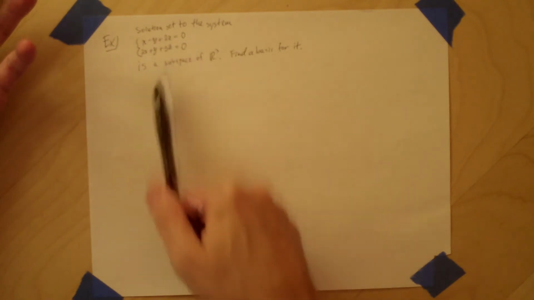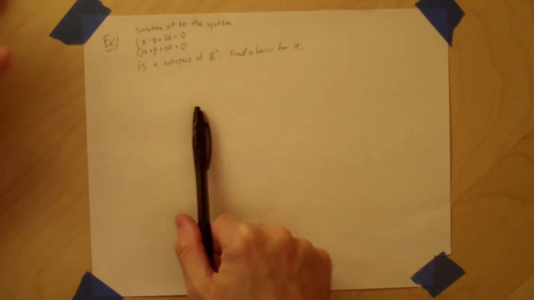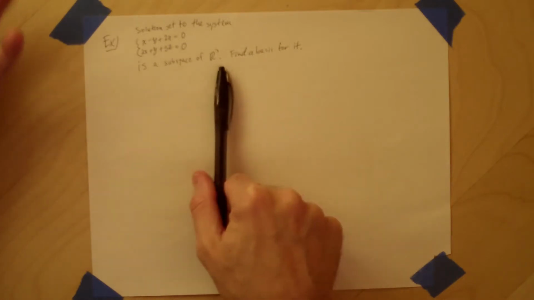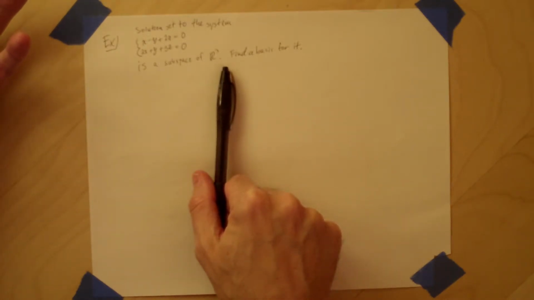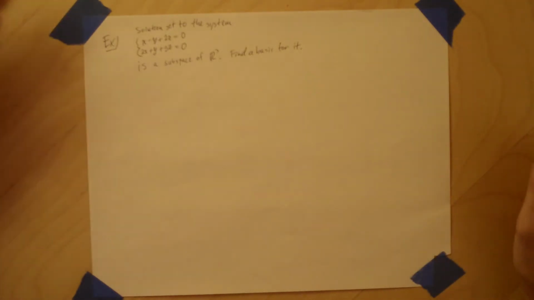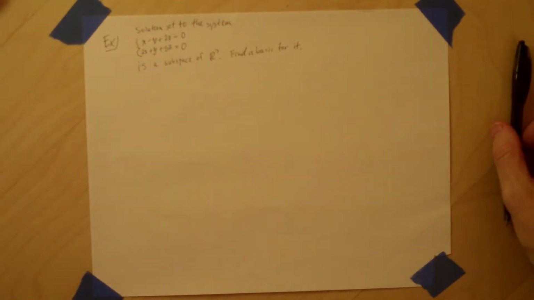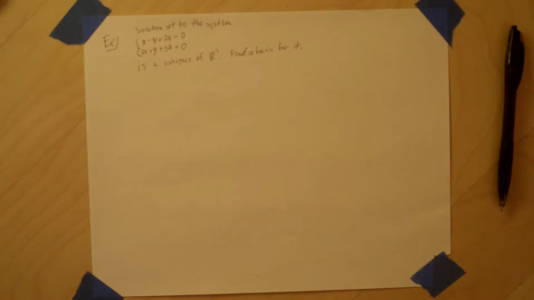And the solution set to this system, in fact, will consist of a set of points in R3 that constitutes a subspace of R3. We want to find a basis for that subspace. A subspace of any vector space is a vector space in its own right, so it would stand to reason that it might yet have a basis.